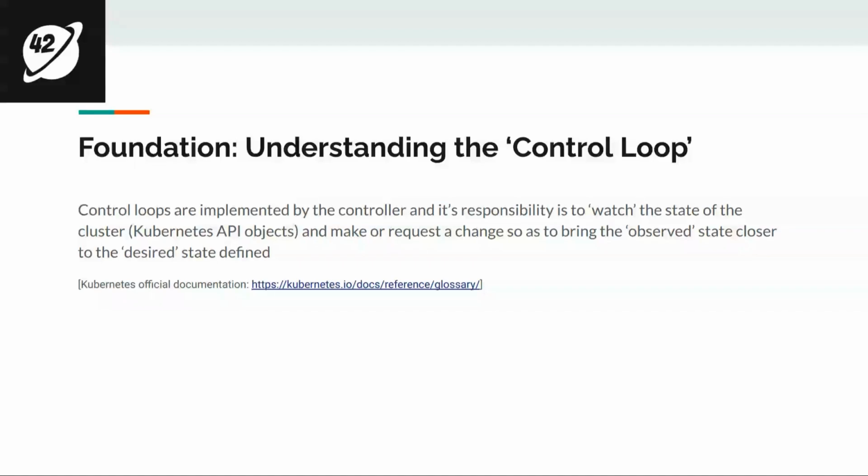So that is the foundational or fundamental aspect of the mechanics on which a control loop operates. That is to watch for the state changes, compare it with the actual state, and then take the appropriate action to reconcile or to match the desired state.